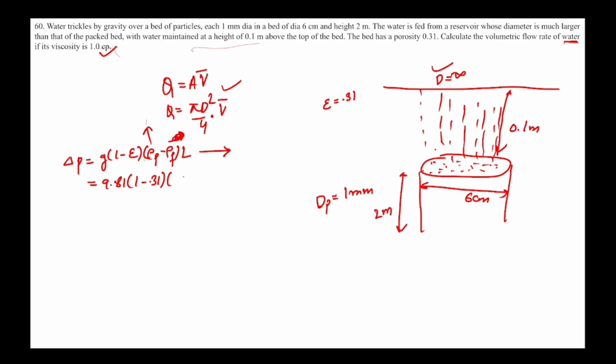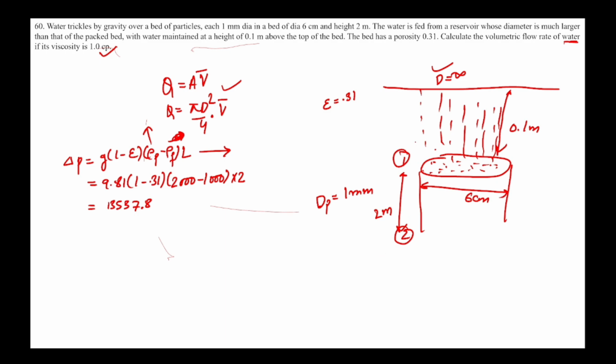If you have a solution of this question, just share it with me. Suppose I take a particle density of 2000 minus 1000 into length of 2 meter, it will give a value of 13537.8. Now I can apply the Bernoulli equation at this point and this point.